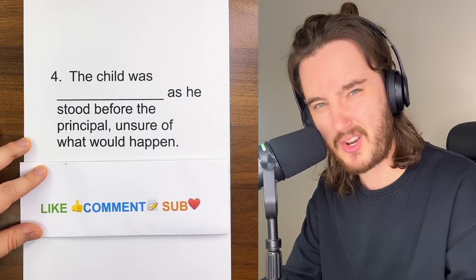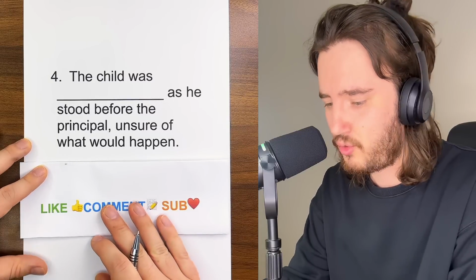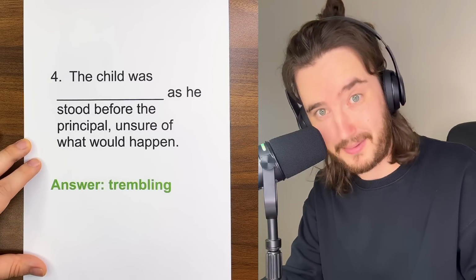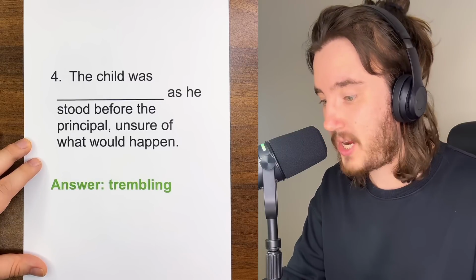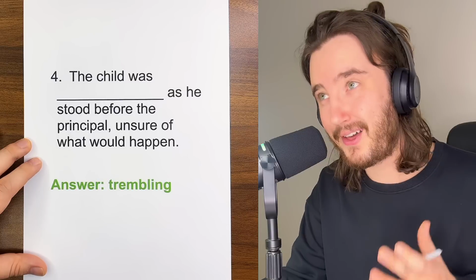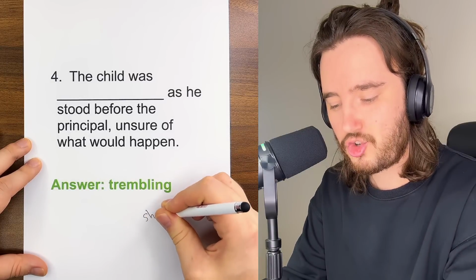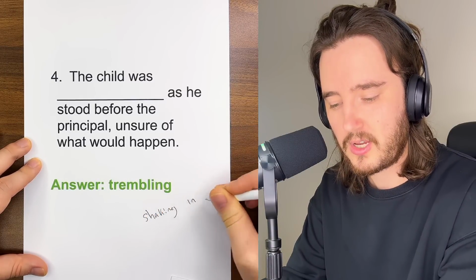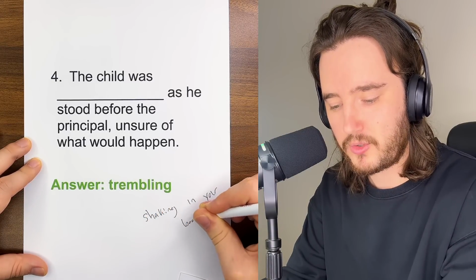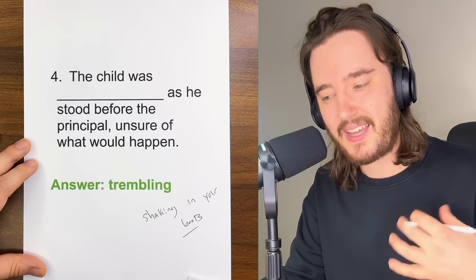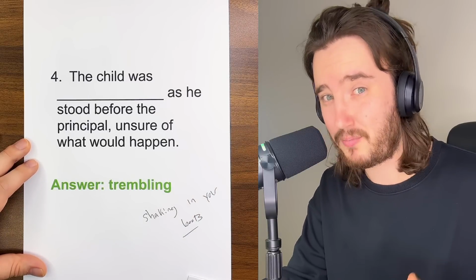He's unsure of what's going to happen. He's very nervous, obviously. So he is what in 3, 2, 1? Trembling. We could also say shaking, quivering. Another fun expression is shaking in your boots. Shaking in your boots, right? So we could also say the kid was shaking in his boots.